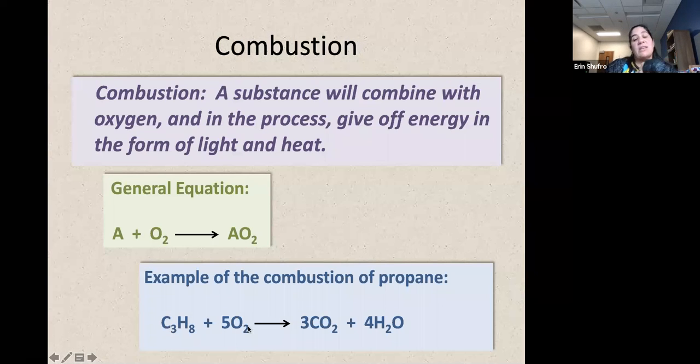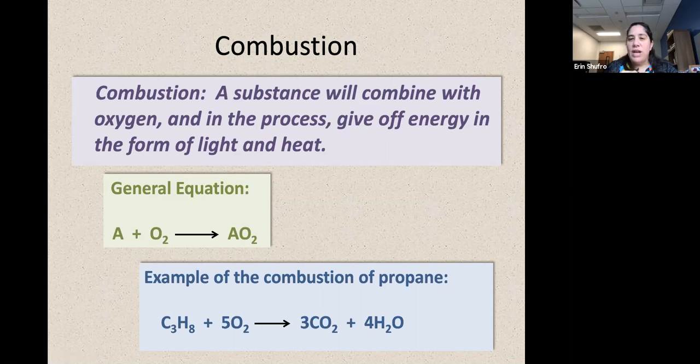So some sort of carbon compound plus oxygen gas, and your products are carbon dioxide and water. So when you're identifying a combustion reaction, look for a carbon containing compound and oxygen gas as your reactants, and carbon dioxide and water as your products.